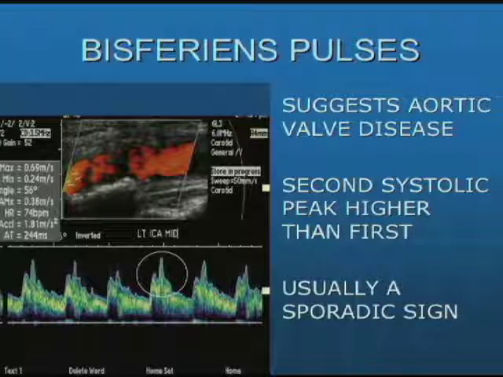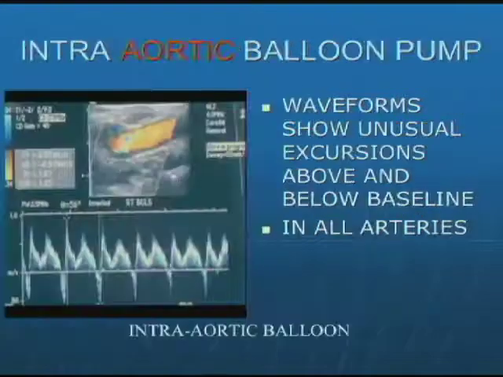It is also seen normally in the bulb commonly, so it probably also occurs simply because of an elevated AP diameter. But if you see it in a number of pictures in your study, then you can at least suggest that there may be aortic valve disease as an etiology. If I just see it once or twice, I don't usually comment on it.